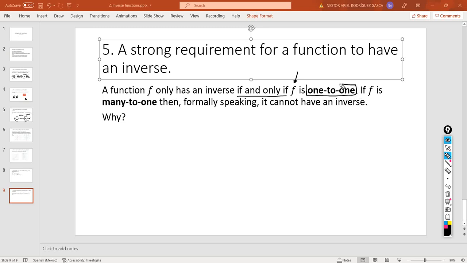F must be 1 to 1 in order to have an inverse. If f is many to 1, then, formally speaking, it cannot have an inverse. So 1 to 1, they have an inverse. Many to 1, they do not have an inverse. And let me explain to you why.